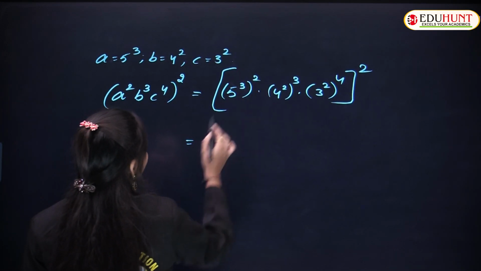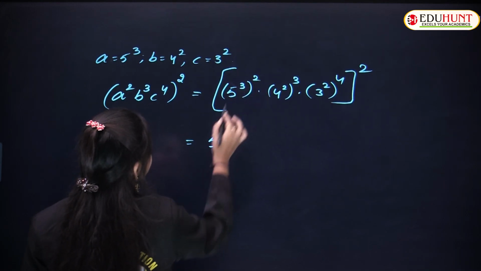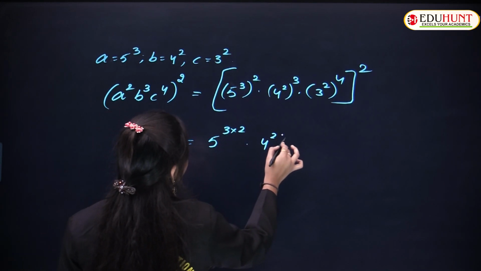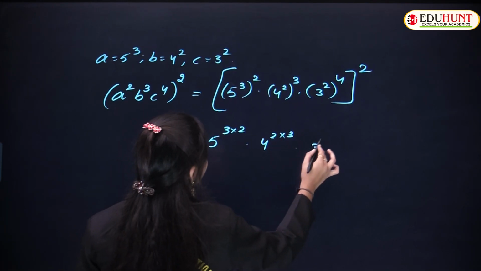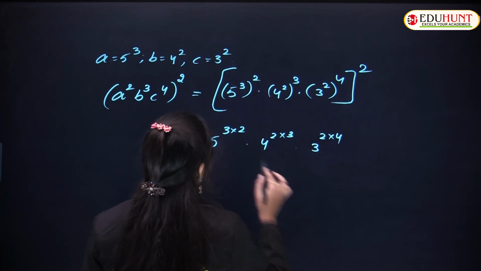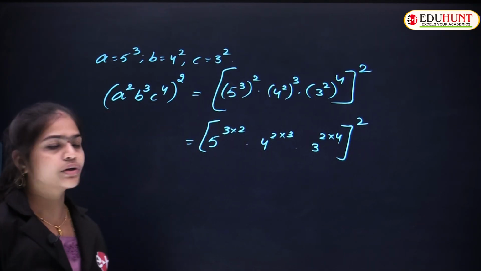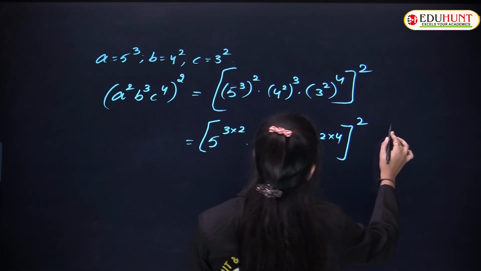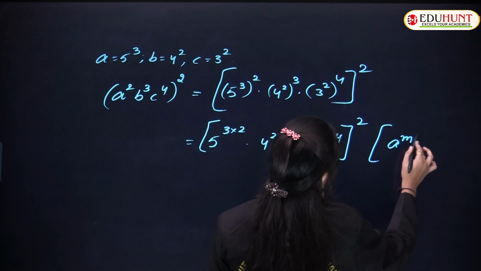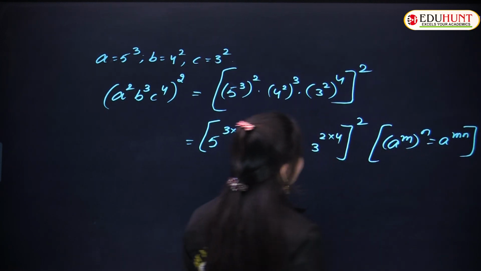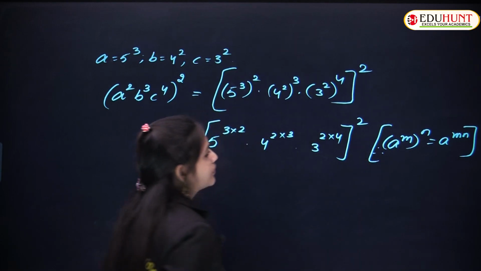Now 5 cube whole square, which means 5 power 3 times 2 is 6, into 4 power 2 times 3, into 3 power 2 times 4, whole square. Why? Because what formula did we apply here? a power m whole power n is equal to a power m into n, the formula we applied here.